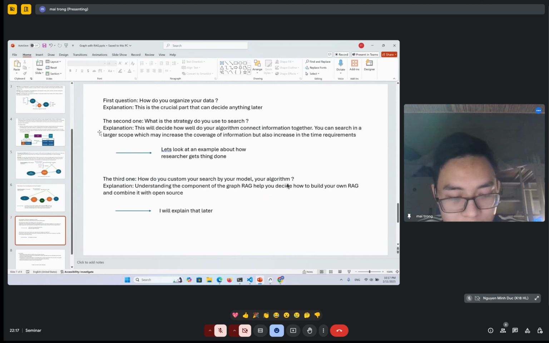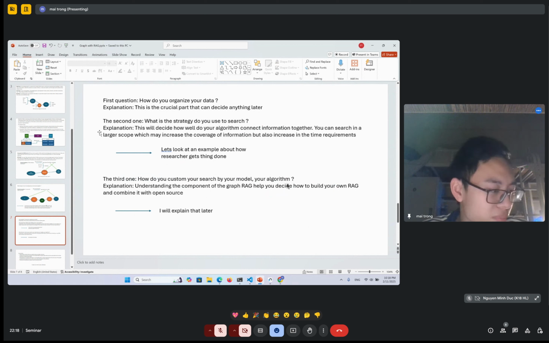You can increase the search to a larger scope, and even though it connects everything together, it may increase the amount of information and also the speed, the time, and the resource cost. So you need to search for papers. They will show you how to do it well. And I also have one example for you.